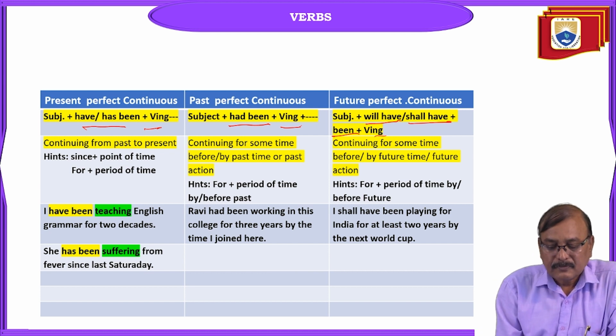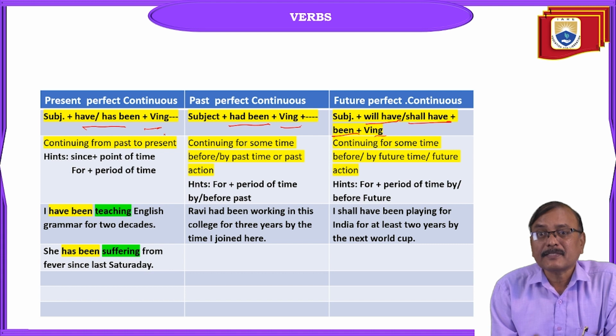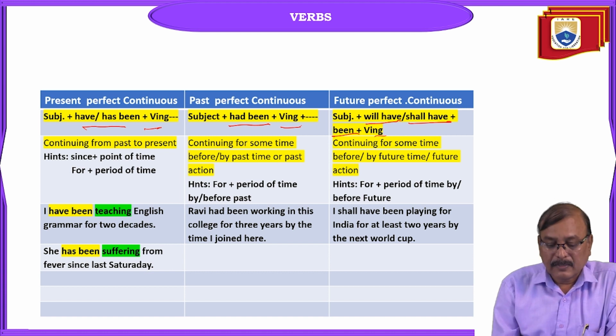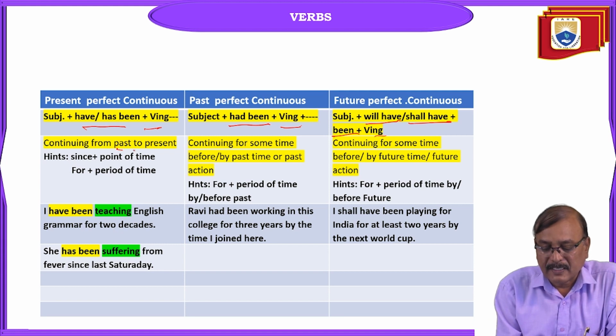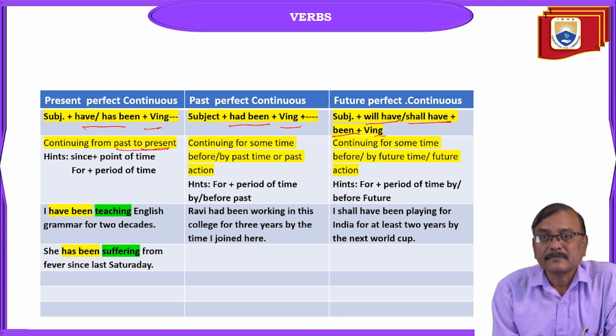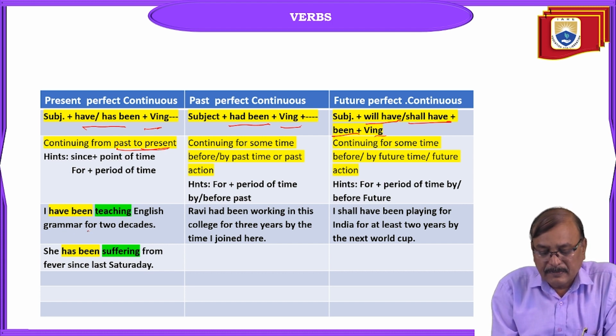We use present perfect continuous for the actions which were continuing from past to present. See here, what is that? I have been teaching English grammar for 2 decades.